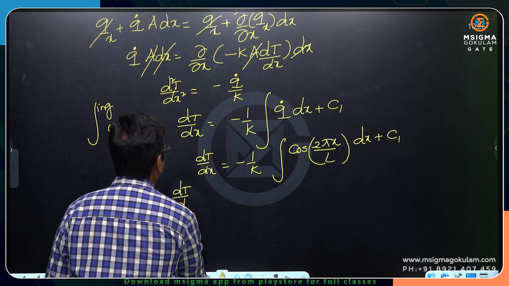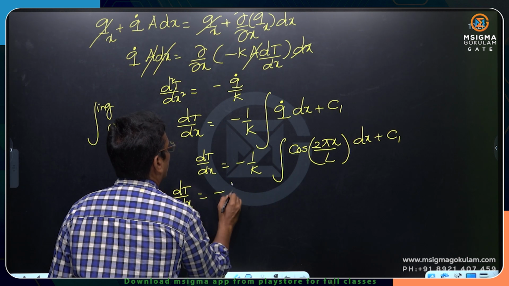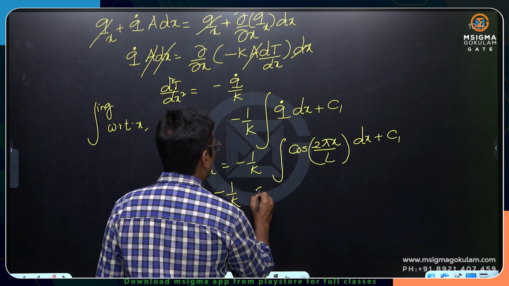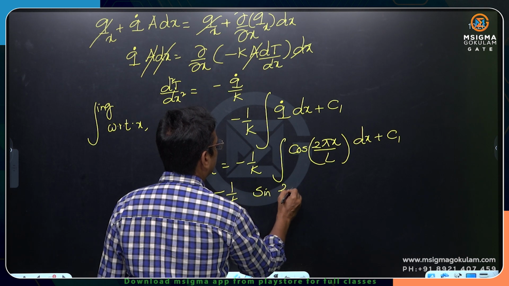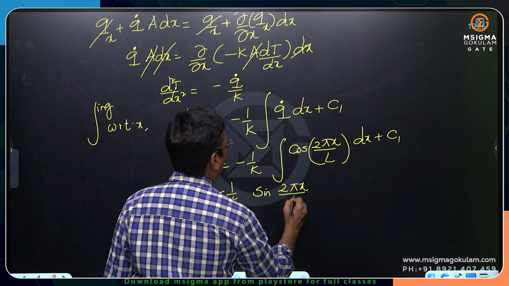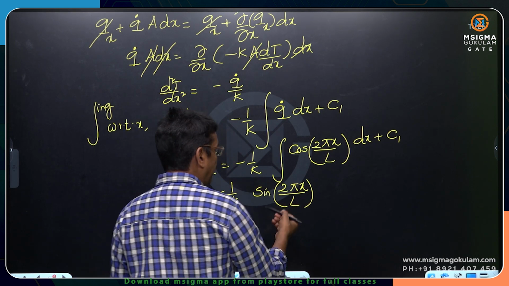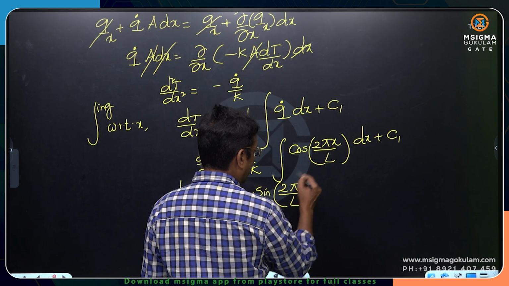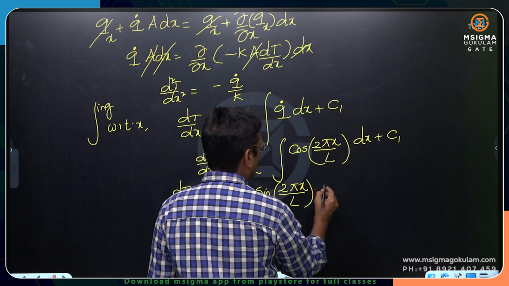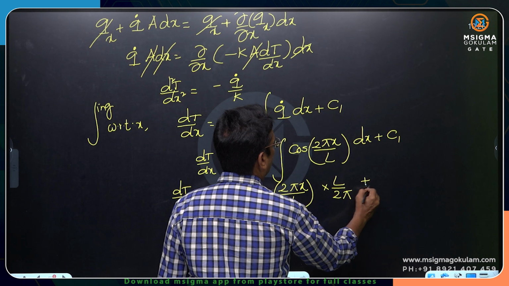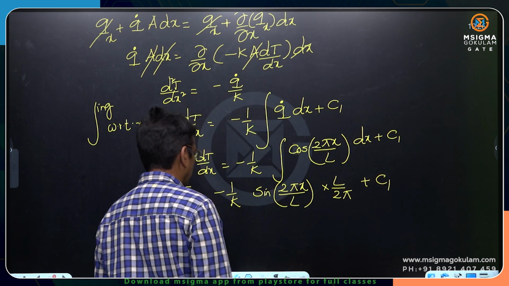What is the integral of cos 2 pi x by L? Sin 2 pi x by L divided by 2 pi by L. The L will go to the numerator, into L by 2 pi, plus C1.